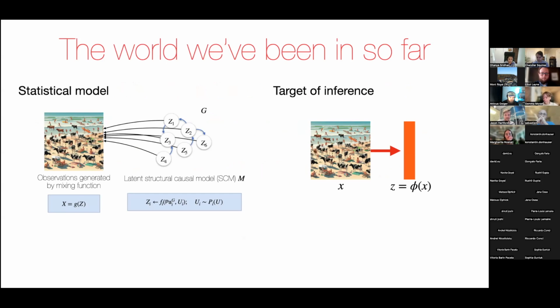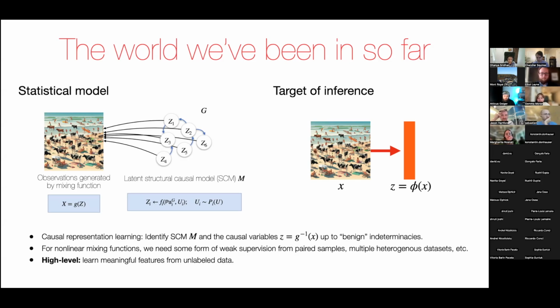And there's some mixing function by which we end up getting our observations. Typically this mixing function is nonlinear, and it yields very complex observations like this excellent generated image of cows. And the target of inference is to learn the inverse mapping from observations to these high-level causal variables. This is what is causal representation learning.